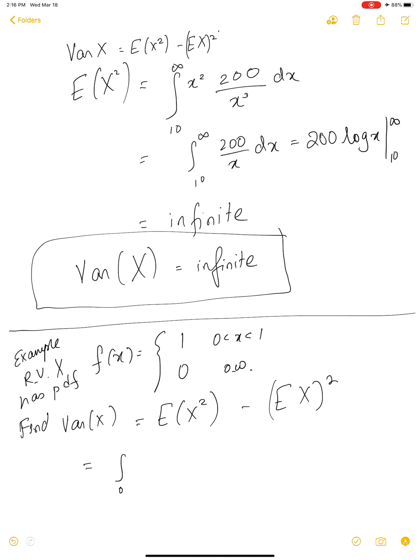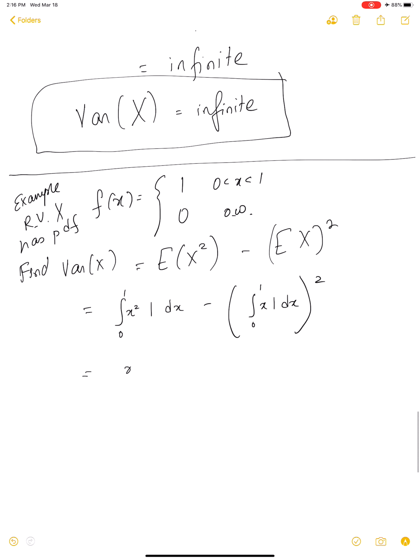It'll be the integral from 0 to 1, x squared times the density, which is 1, dx, minus the integral 0 to 1, x times the density dx, and then we're going to square this whole thing. Okay, so this is x cubed over 3 going from 0 to 1 minus, what is this? This will be x squared over 2 going from 0 to 1, and then we're going to square it. So this is 1/3.